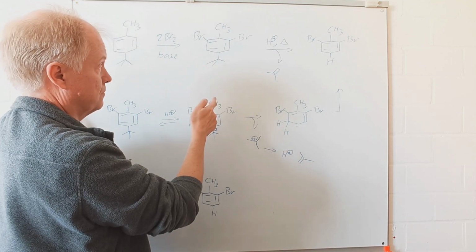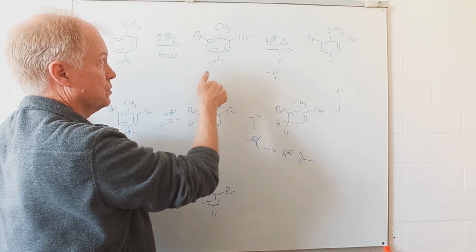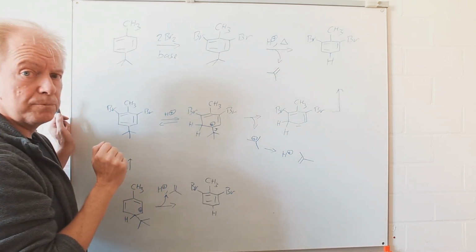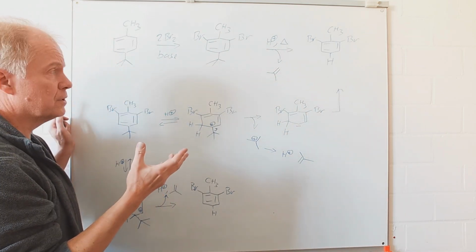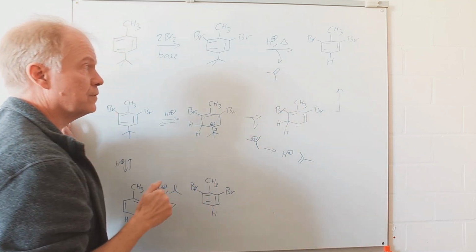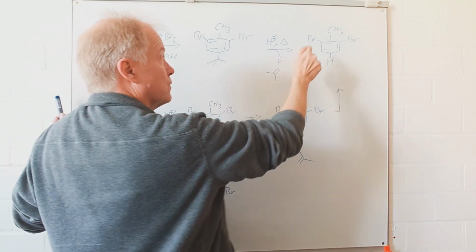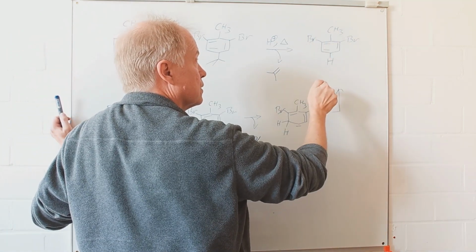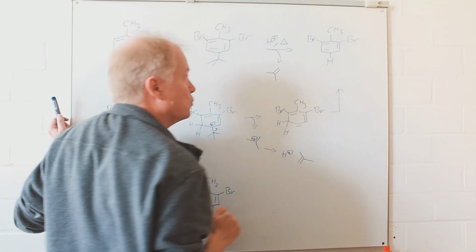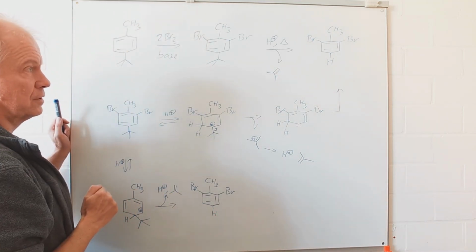If we then treat this compound under acidic conditions, heating it up a little bit, then isobutene will be eliminated and we will get to the product where we have only 3 substituents ortho to each other.